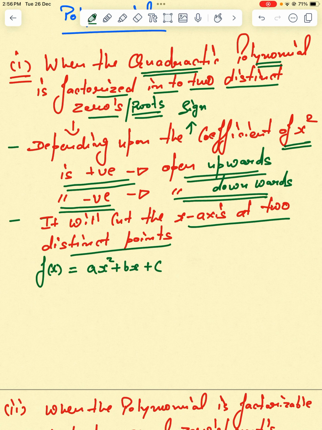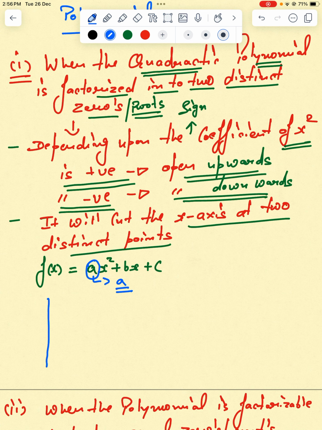We are talking about this coefficient, that is a. So in our first case, if a is positive, then the graph of the polynomial shall look like this.